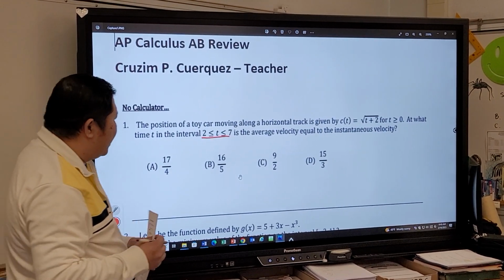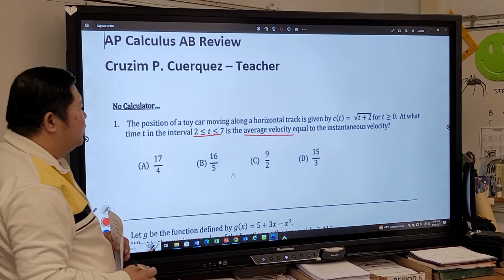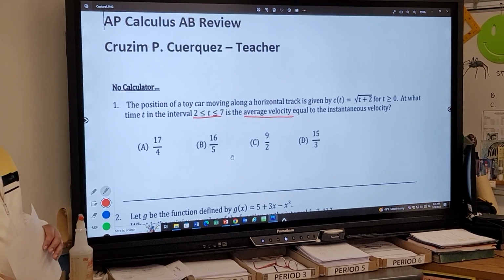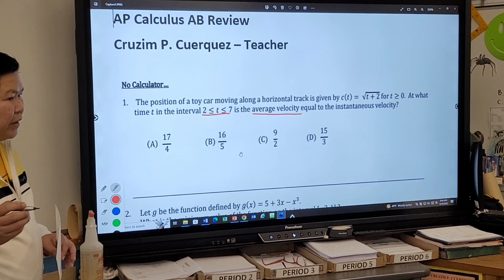So it's the average velocity. Take note of this word. Average velocity equal to the instantaneous velocity. Okay? So, what is average velocity? Can you still recall?